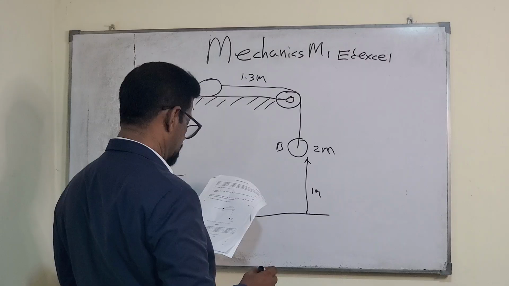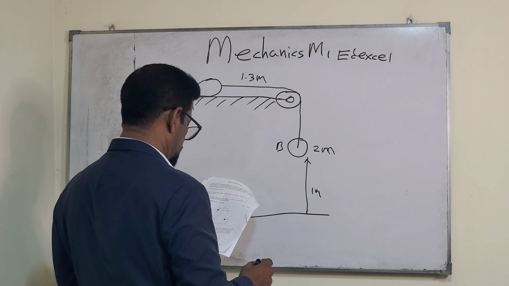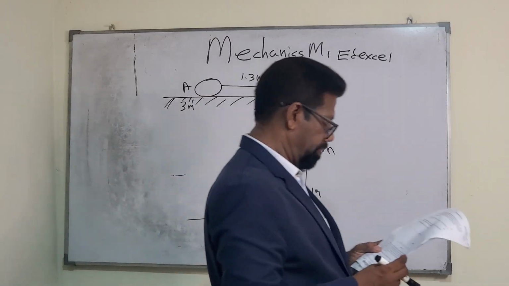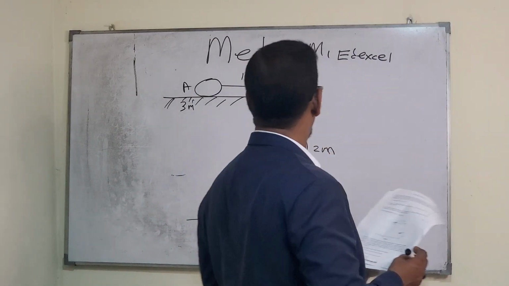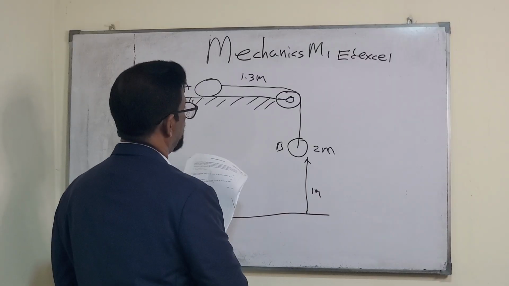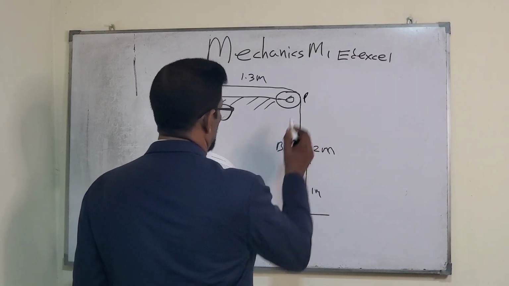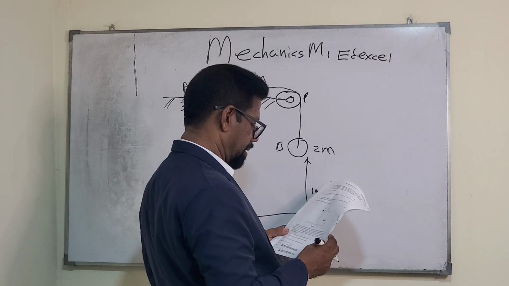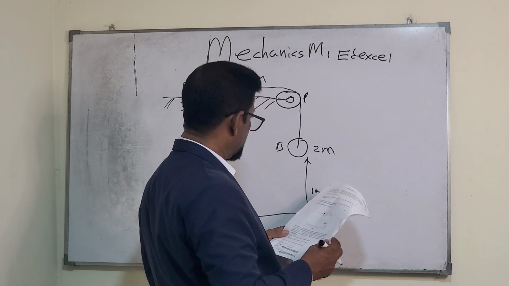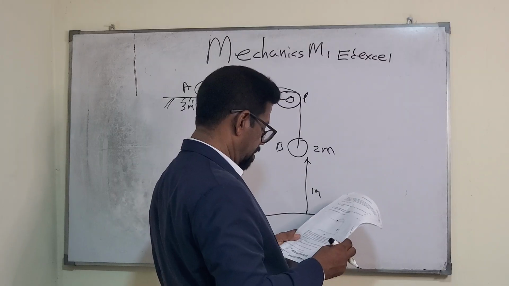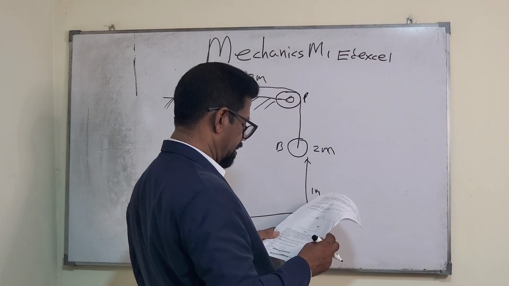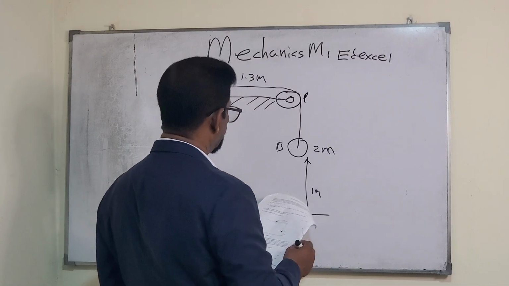The string passes over a small smooth pulley P which is fixed at the edge of the table. The other end of the string is attached to particle B of mass 2m, which hangs freely vertically below P.